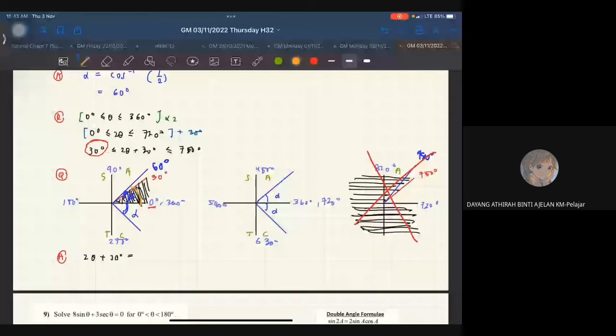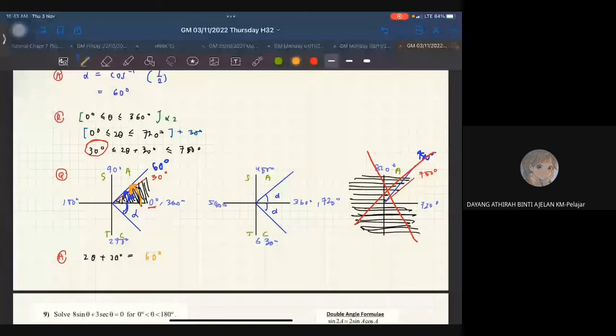First quadrant dia simple je. Sepatutnya dia adalah 60 degree. Okay, sebab nilai di first quadrant is the value of alpha itself. So itu adalah nilai kita. Okay, so itu untuk first quadrant.